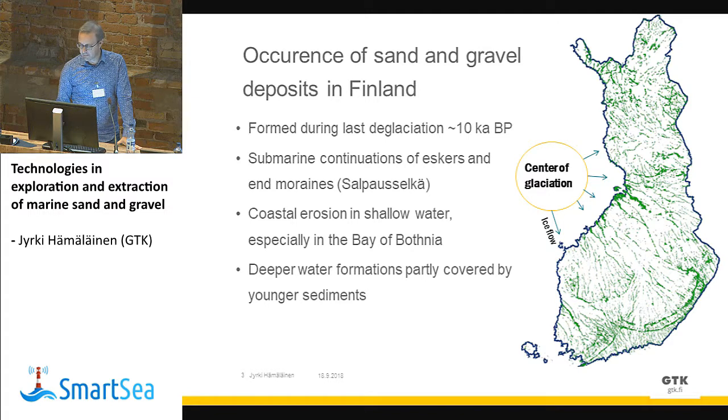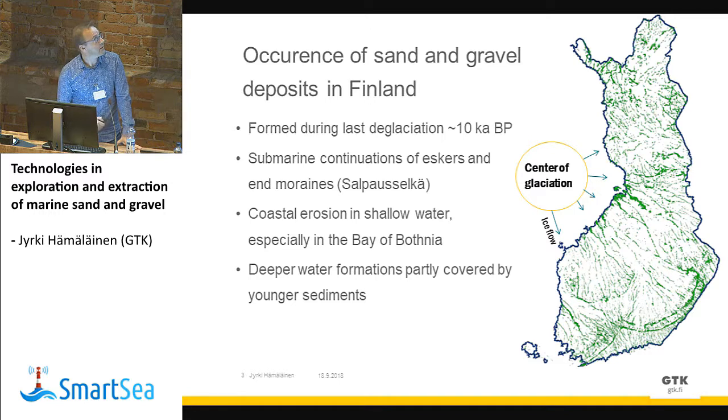The eskers run mostly in the northwest to southeast direction because of the center of the glaciation. The last glaciation was here in the Gulf of Bothnia area, slightly on the Swedish side, and that's why the orientation of the eskers is like that.